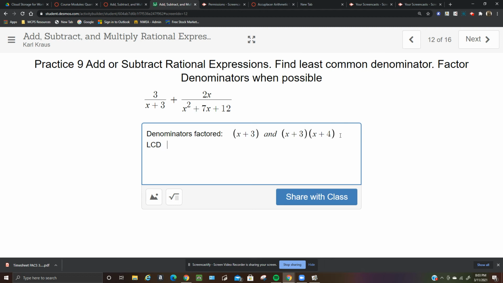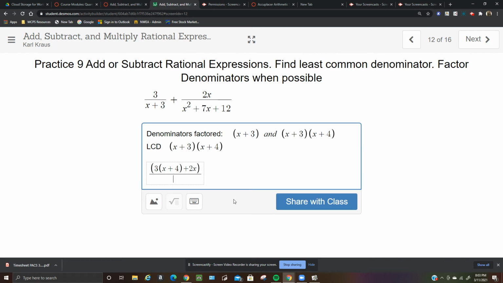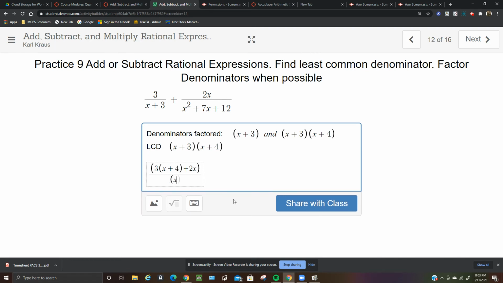Let's see, b. x plus 3 times x plus 4. So 3 times x plus 4, and then plus 2x, divided by x plus 4 times x plus 3.